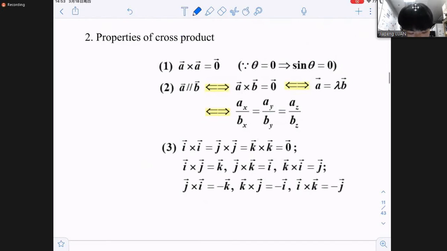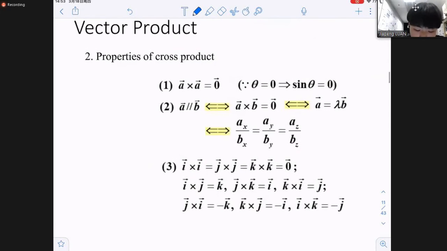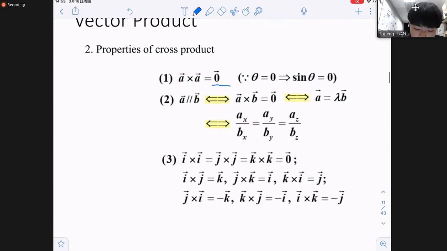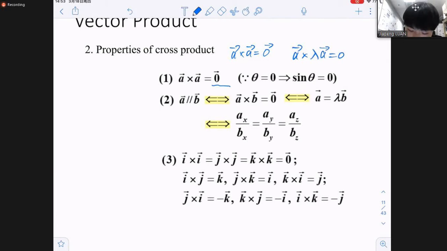Then these are some properties of the cross product. If something is crossed with itself, then you have a vector 0. You have to notice that this 0 is actually a vector. So A cross A is 0. Not only itself, but also lambda A, where lambda is a scalar.